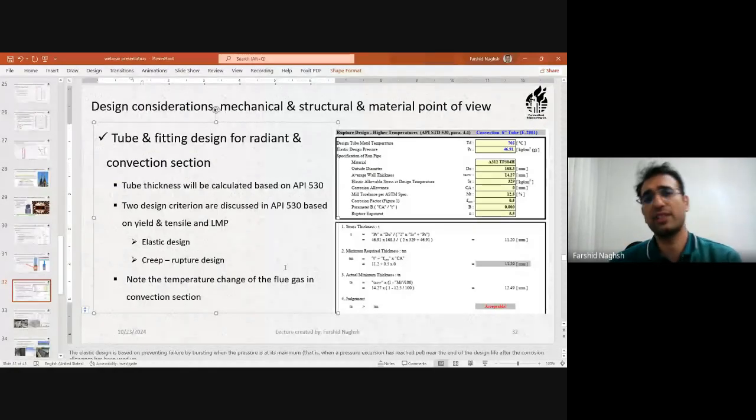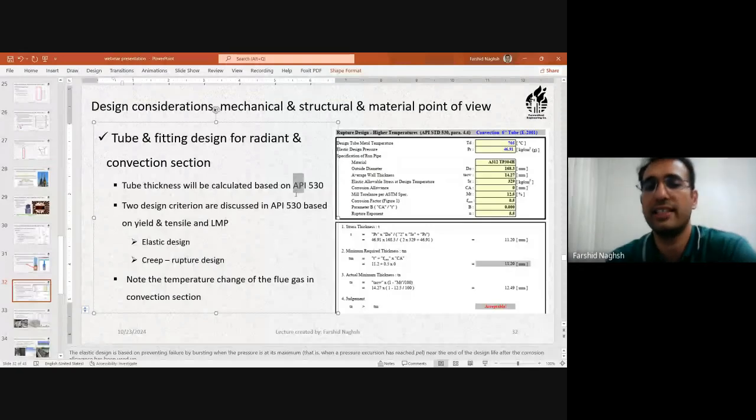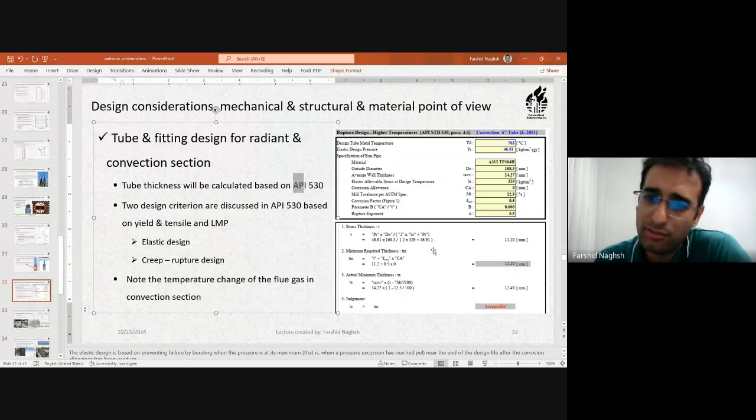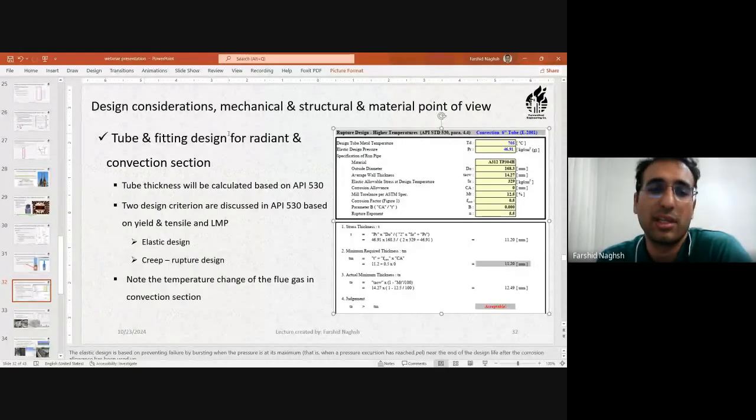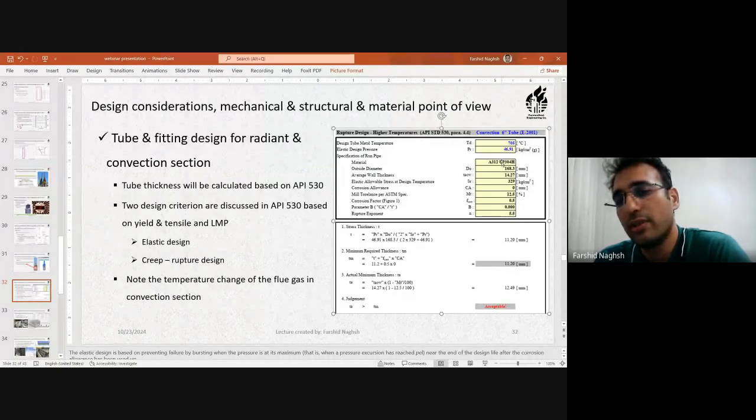Many software packages help you calculate the thickness based on API 530. FRNC-5PC does that. HDRI does that. Also, I have developed Excel sheets for that, which use the Larson-Miller parameter and elastic design method to calculate the thickness required for the tubes.